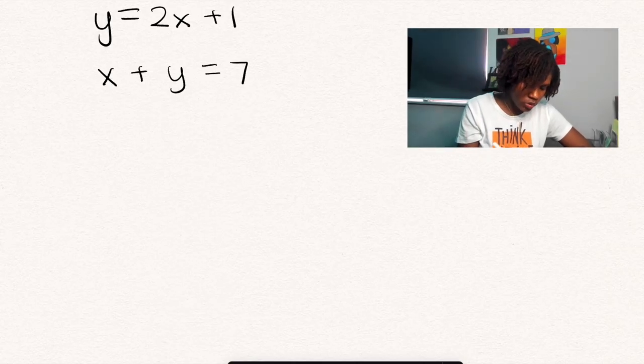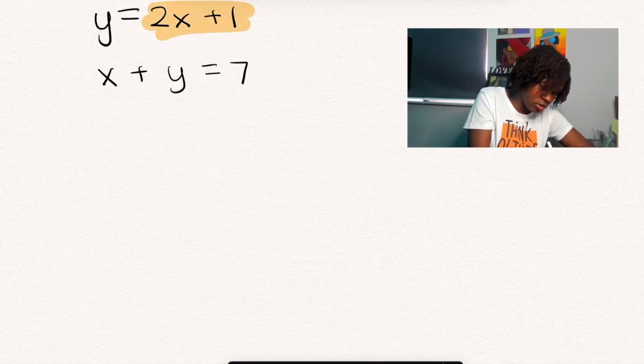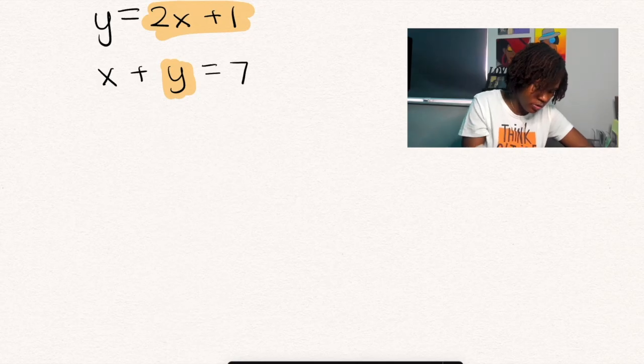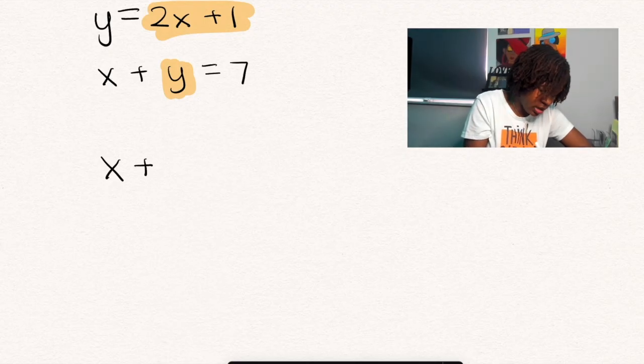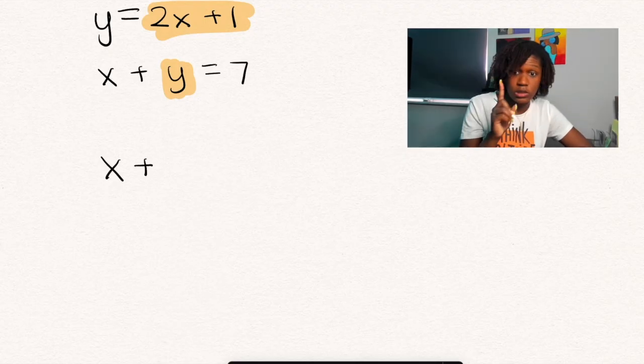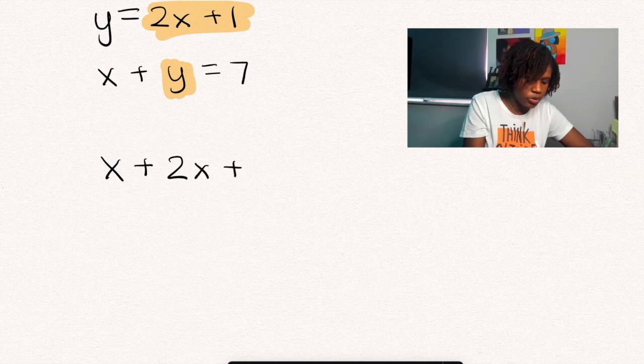So what I'm going to do is take what they told me y was, which is 2x plus 1, and I'm going to plug it in right here for my y. So now I need to write a new problem. I have x plus, but instead of y, I'm going to write 2x plus 1 equals 7.